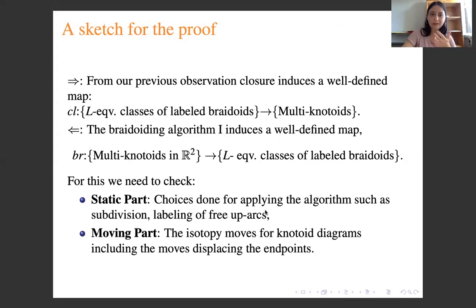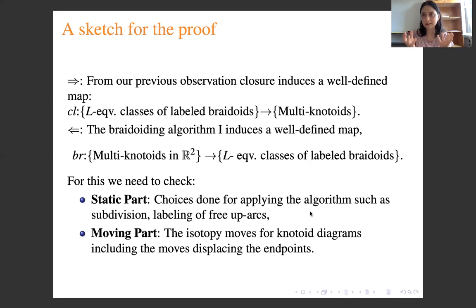can be shown by proving that this braidoiding map is well defined under the choices made for applying the algorithm, such as subdivision and labeling of the free up arcs. We say that this is the static part of the proof because we just assume the given knotoid diagram fixed for the braidoiding algorithm, and the choices for subdividing it and labeling the free up arcs are not related to the isotopy moves of the diagram.